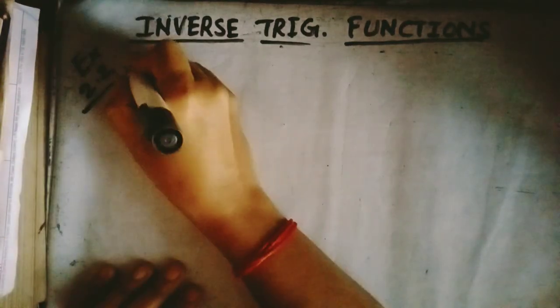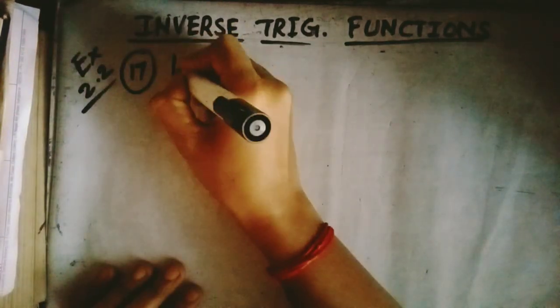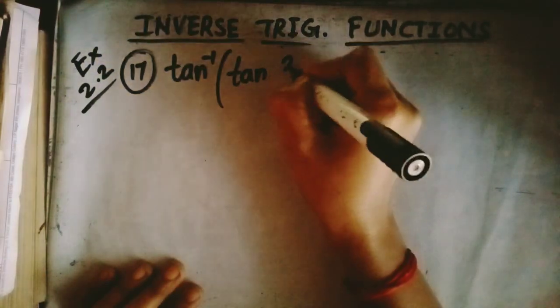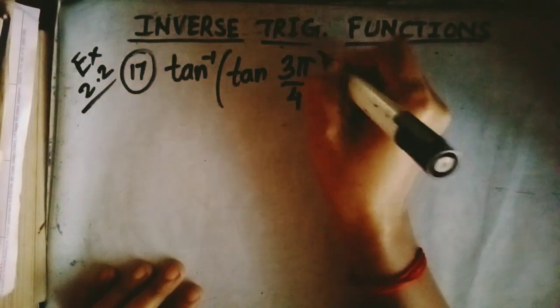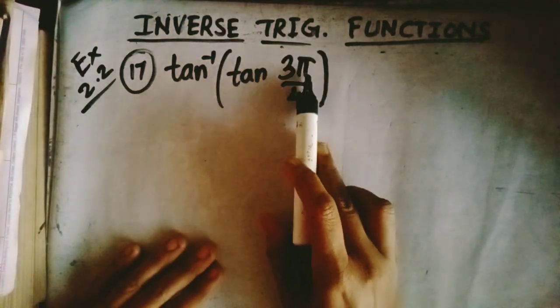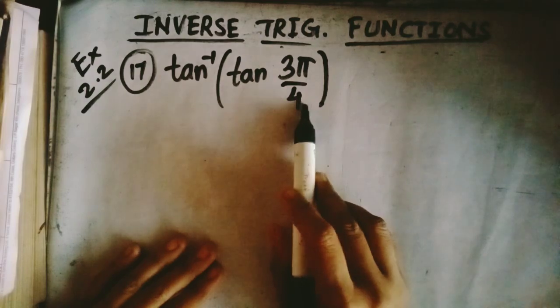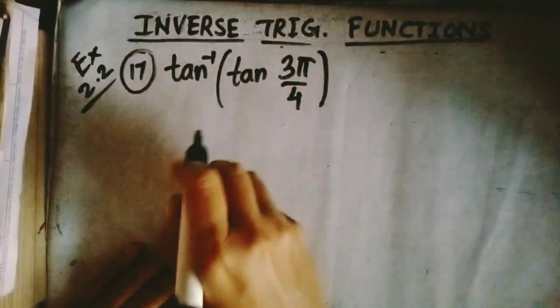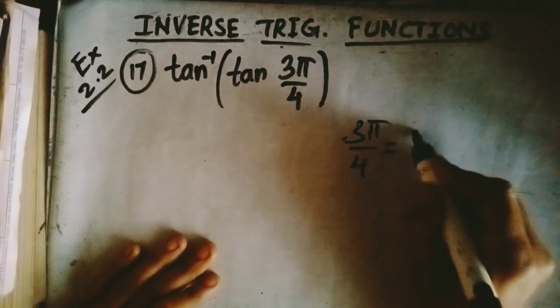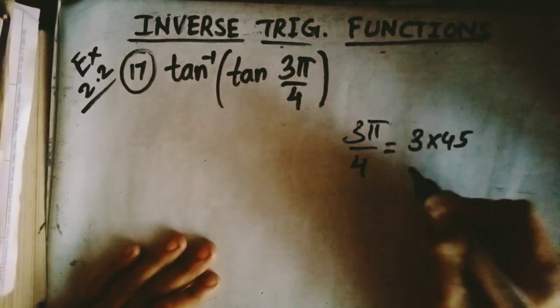Question 17. You have to find value of tan inverse of tan of 3 pi by 4. Okay, now first you have to check whether this 3 pi by 4 falls into the range. So 3 into 45, right?